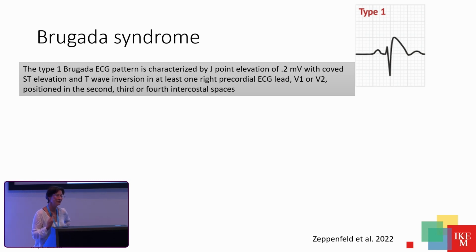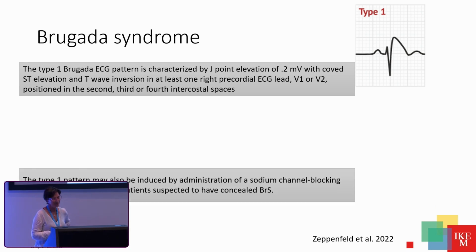So even if the normal leads raise a suspicion of Brugada, you do not hesitate to place the leads in the higher intercostal spaces.